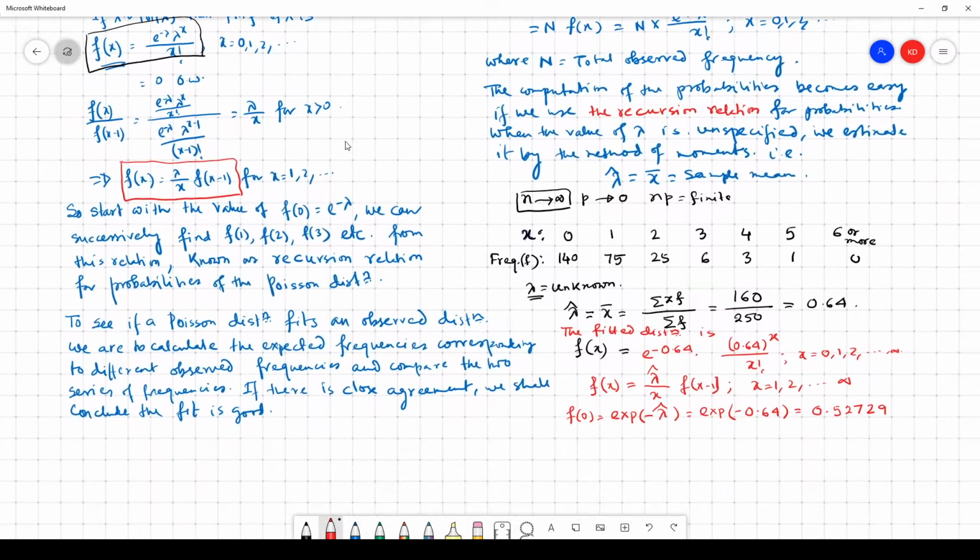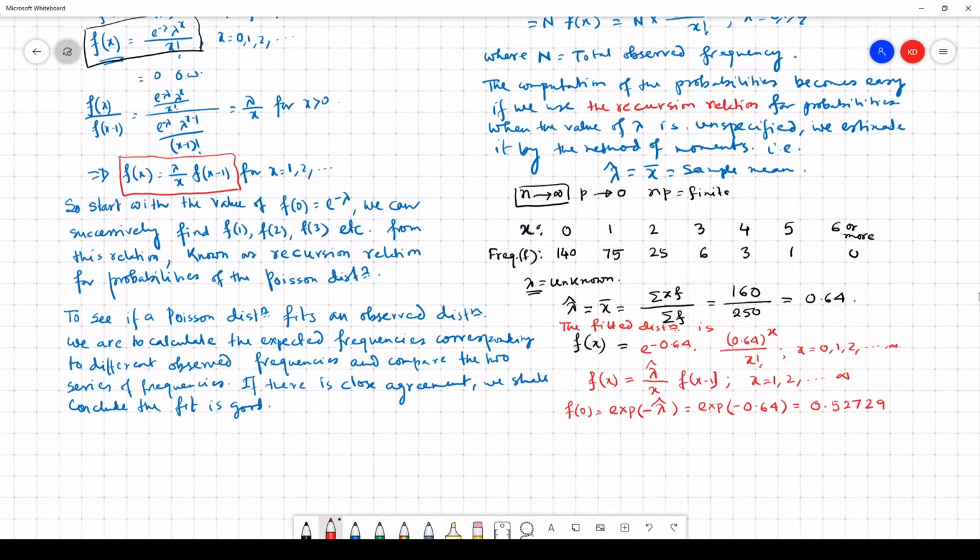So please check this calculation. Tell me whether these are correct or not. And F1, that is 0.64 by 1 into F naught.